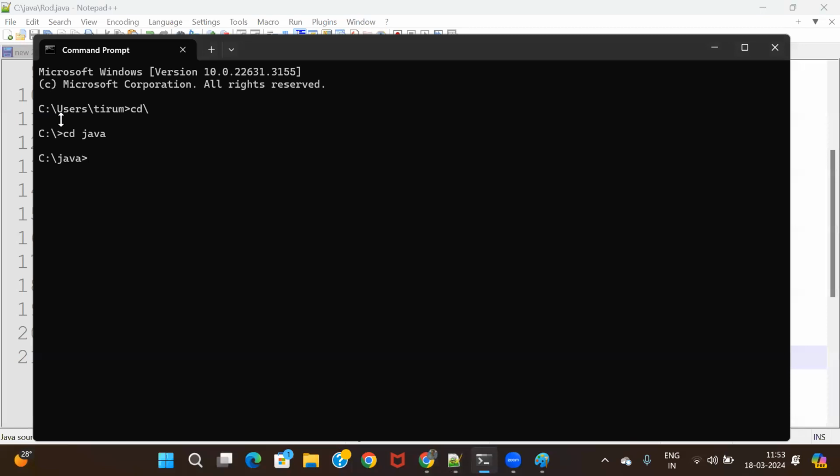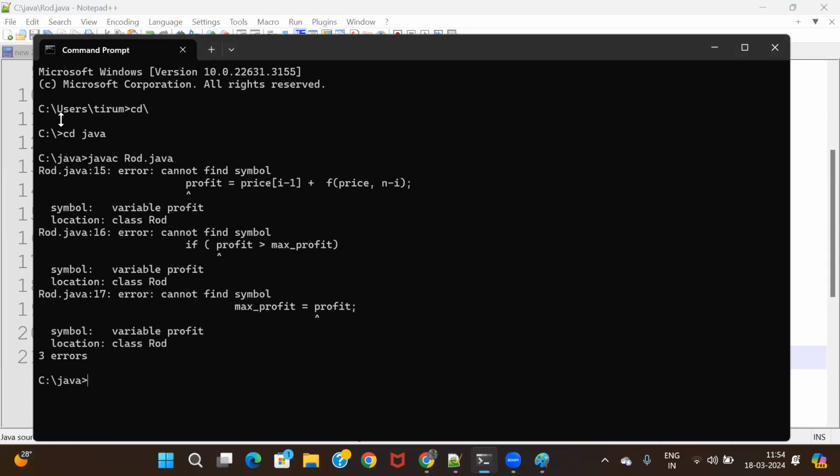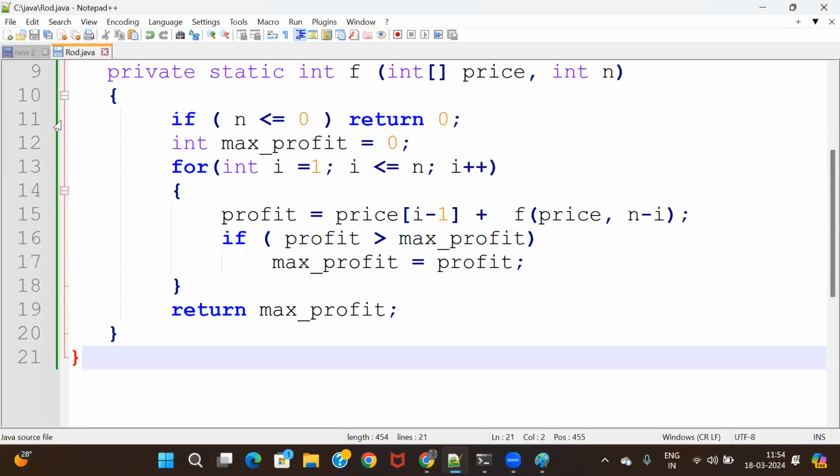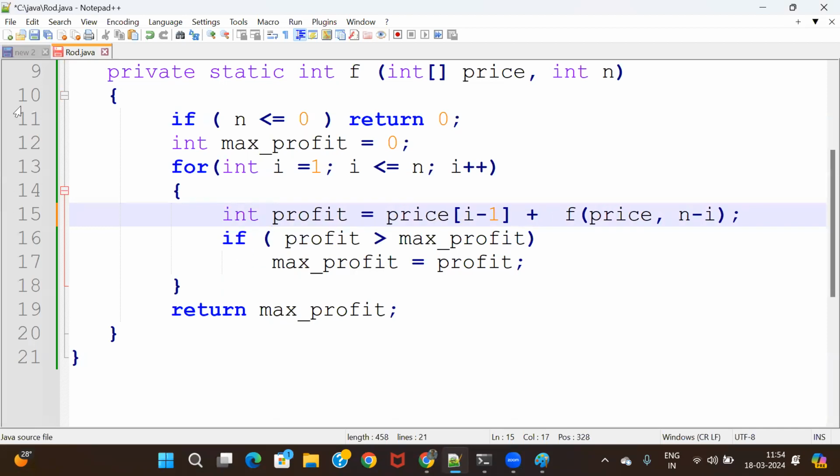Go to the DOS prompt, compile it, and execute it. It seems the profit is used without declaration.